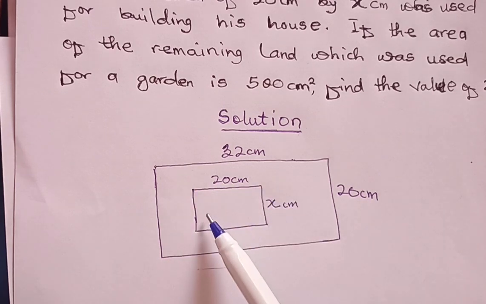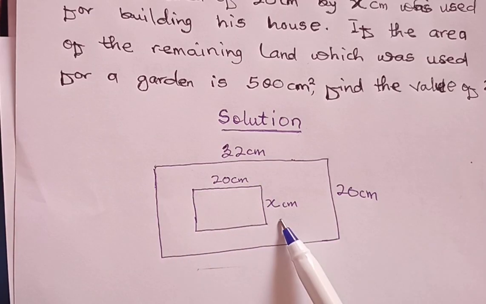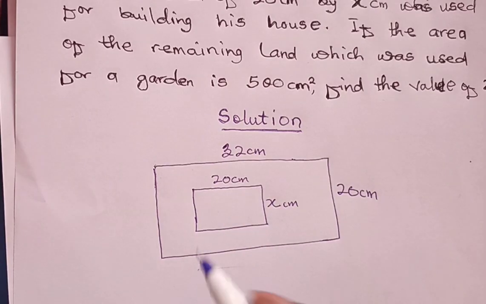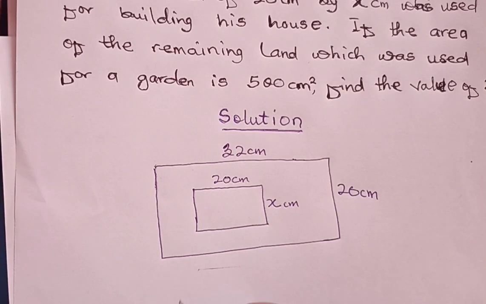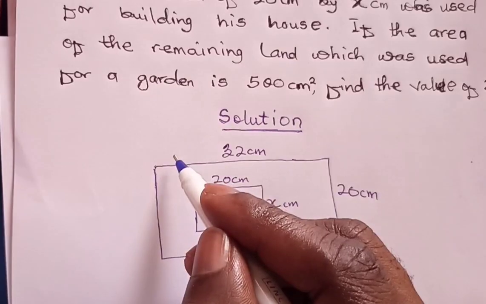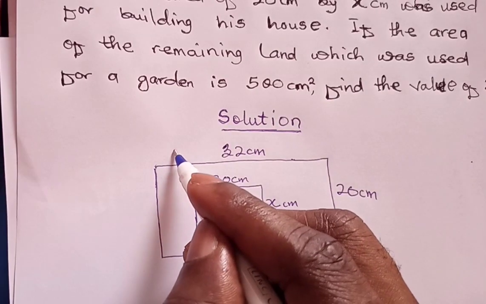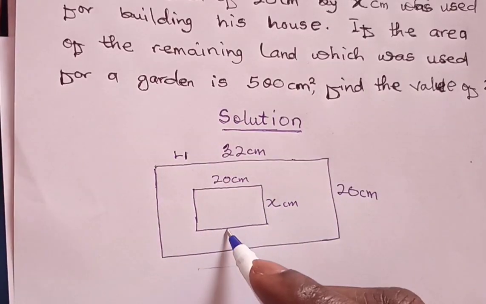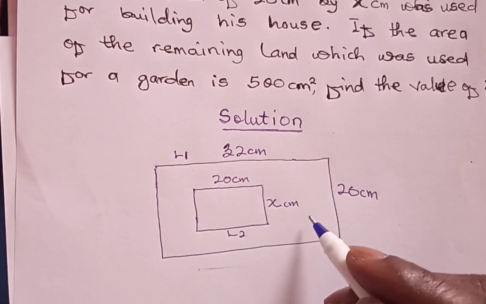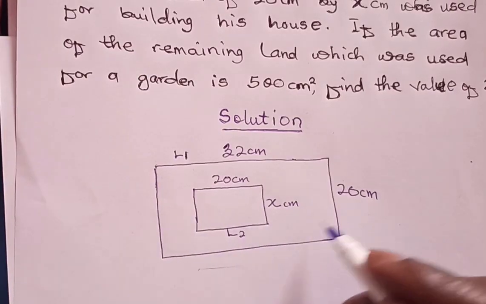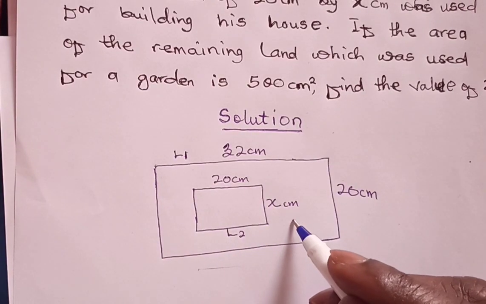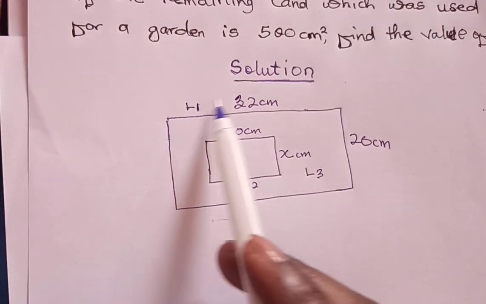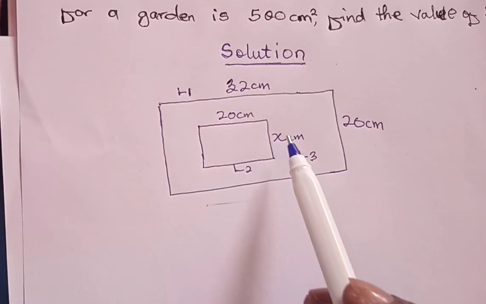The area given for the garden was 500 centimeters squared. So let's say this is a plot of land, land one, the main land. This is land two. And the remaining part of the land will be land three.